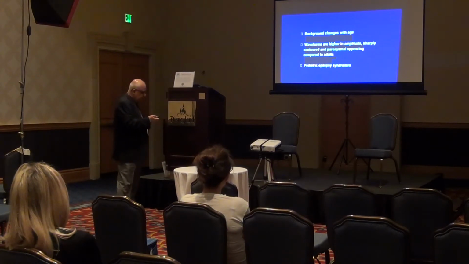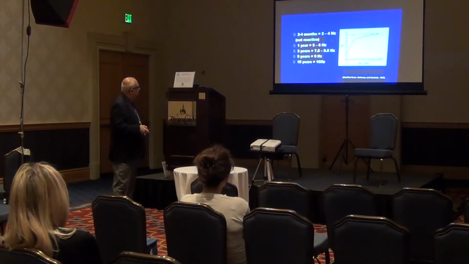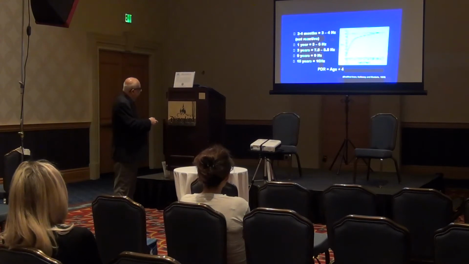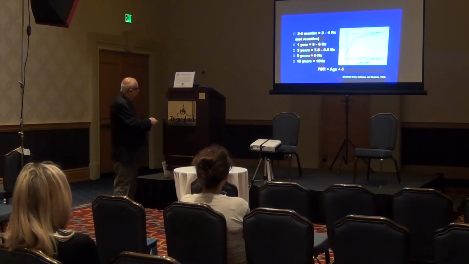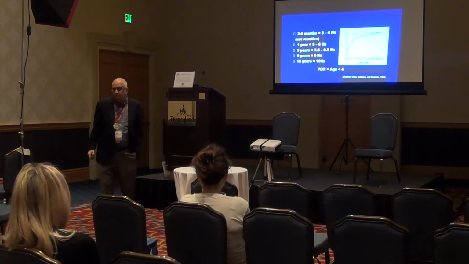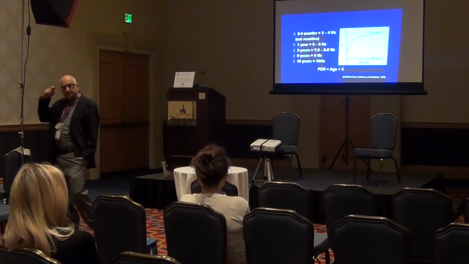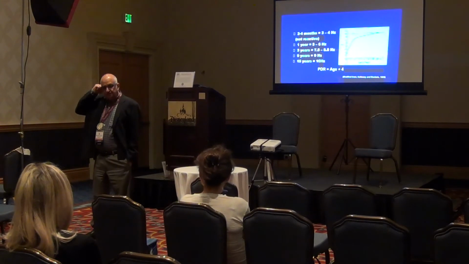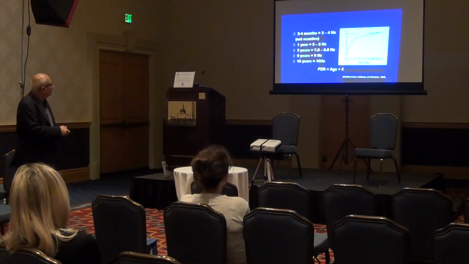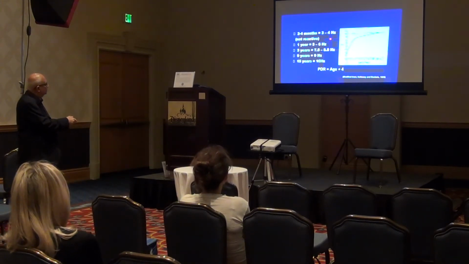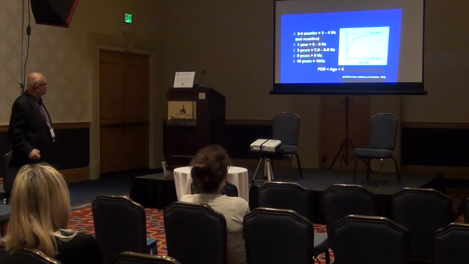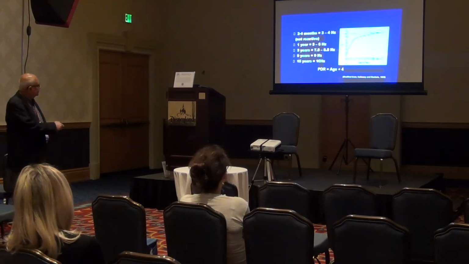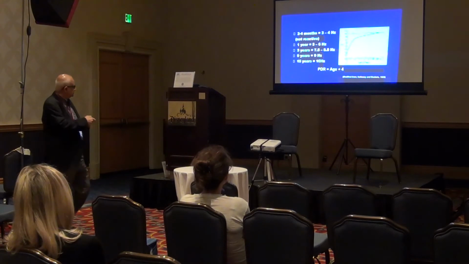And then, let me show you a chart here. So we say roughly the posterior dominant rhythm is age plus 4. So what we mean is, if you record a nice resting EEG in the back of the head, if you have a 2 or 4 month old baby, it's going to be 3 or 4 hertz. And we say not reactive, and I'll explain that.